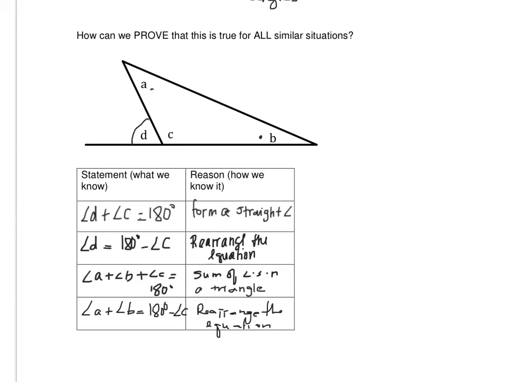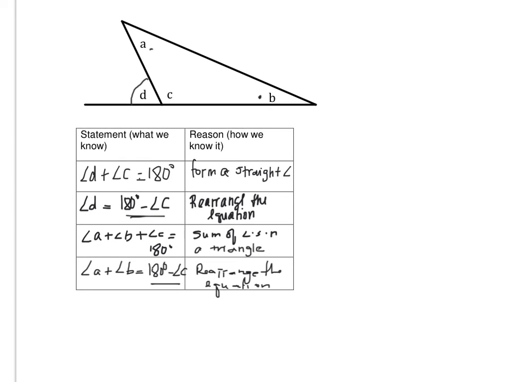So if you know that D is equal to 180 minus C, and the sum of A and B is equal to 180 minus C, then we've basically got the transitive property. They're both equal to the same thing. So therefore, angle D has to equal angle A plus angle B by transitive property.